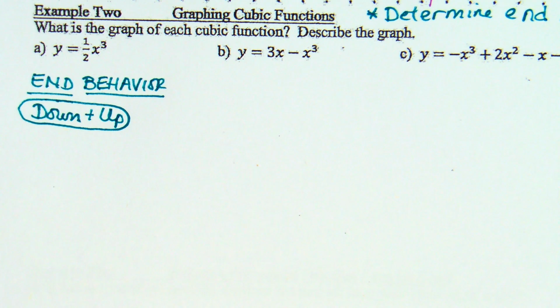At your stage, you would know this has no turning points because the only term here was an x cubed term. There would be turning points if there were other x terms, like an x squared term or an x term. Because it's just an x cubed, there are no turning points.